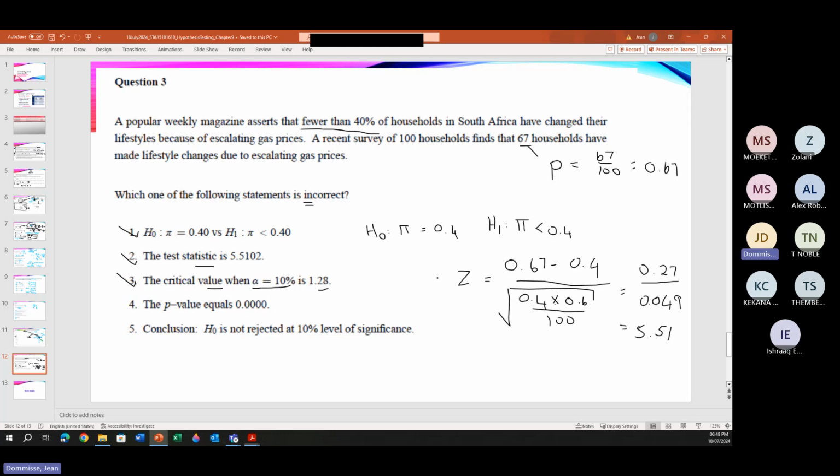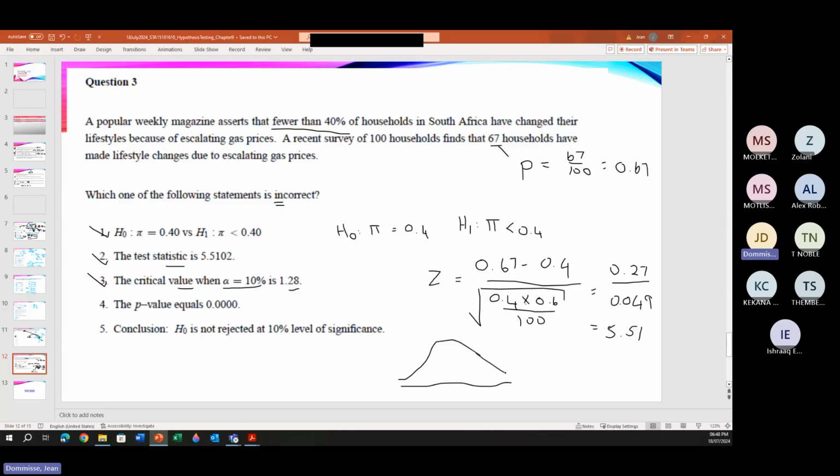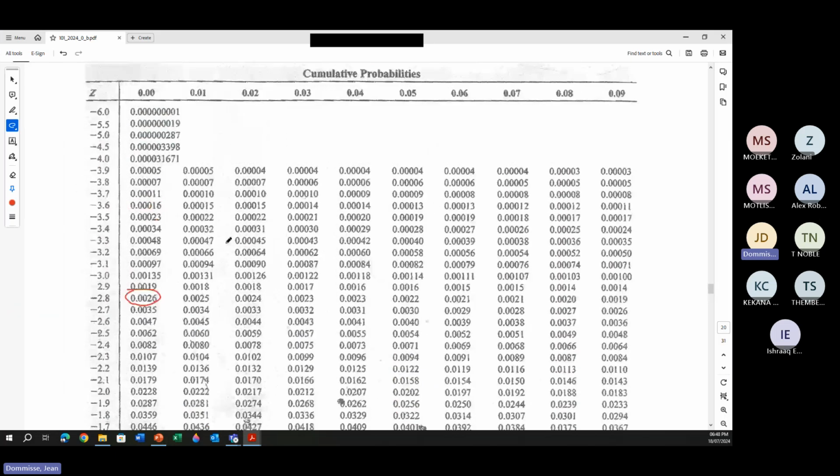Then to look for the Z value, so Z value of 5.51, and we want to get that p-value. Okay, so Z 5.51, I don't even think that is on the tables because it is so big.